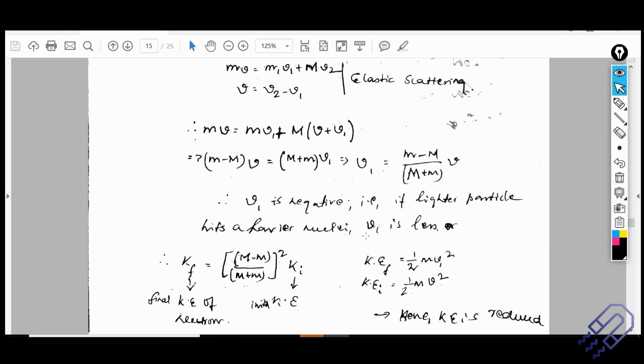We basically have all the energy of the neutron transferred to the moderator, as a result of which the velocity of the incoming neutron will reduce and it will be a thermal neutron.